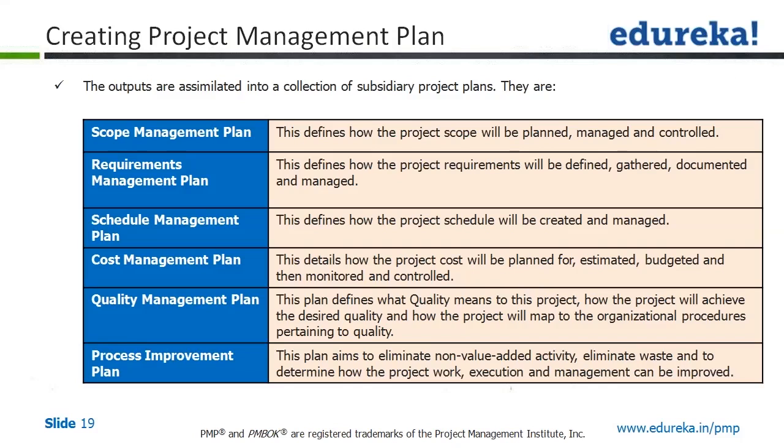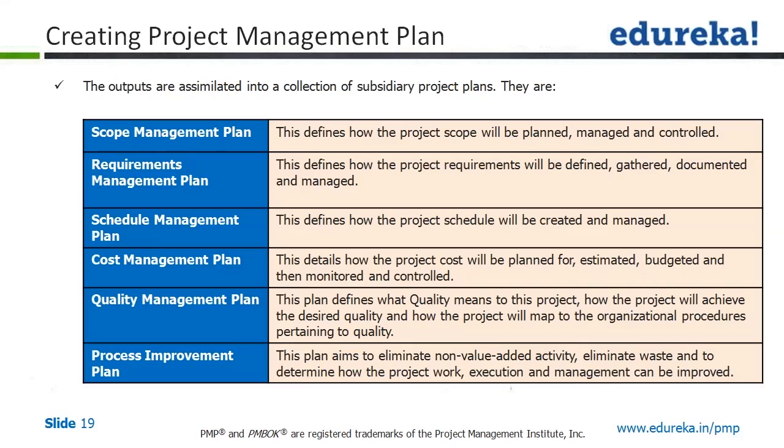In the process of creating the project management plan, what are the other plans that we are going to talk about? You remember in the input section there was something called outputs from other processes. This is what I am explaining to you on slide number 19.